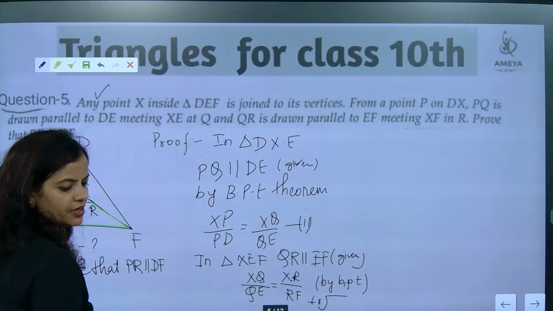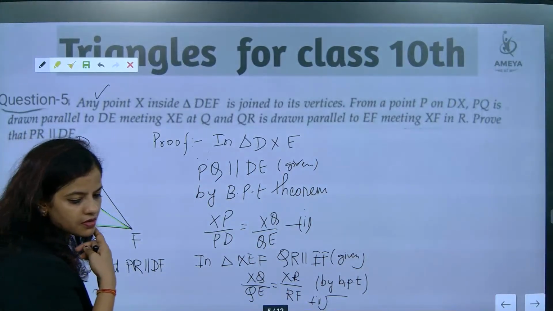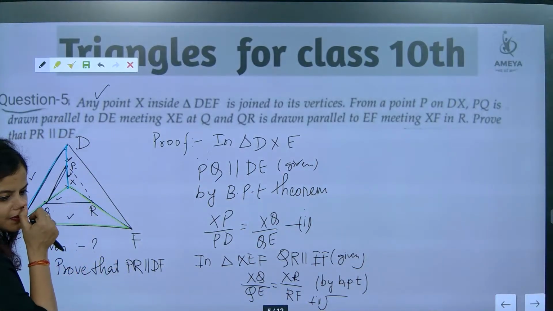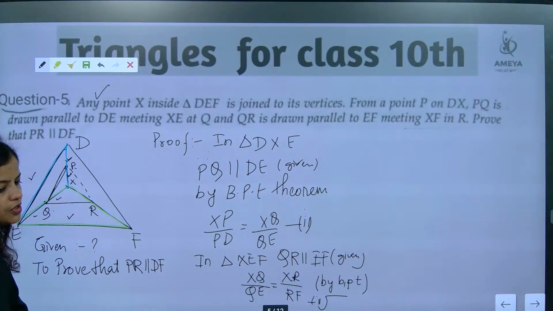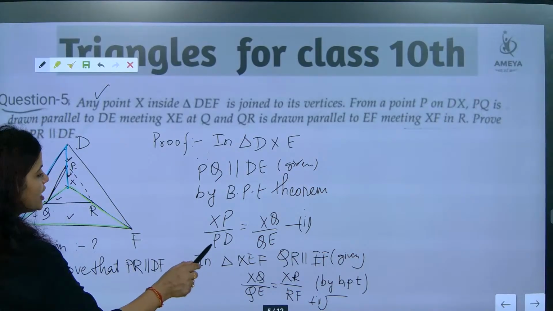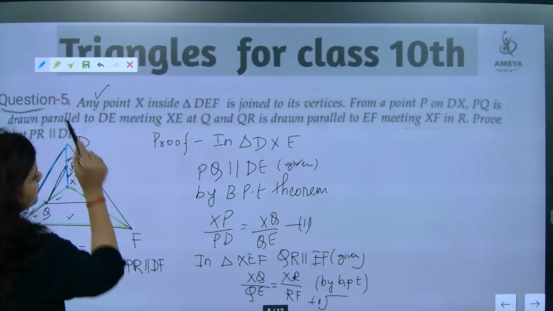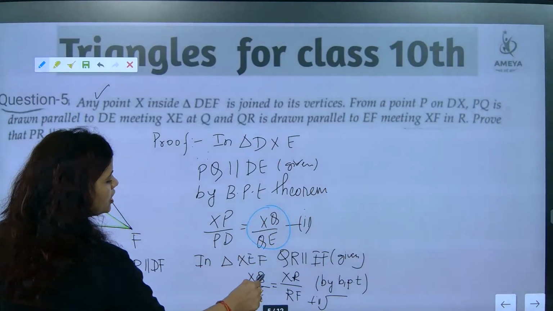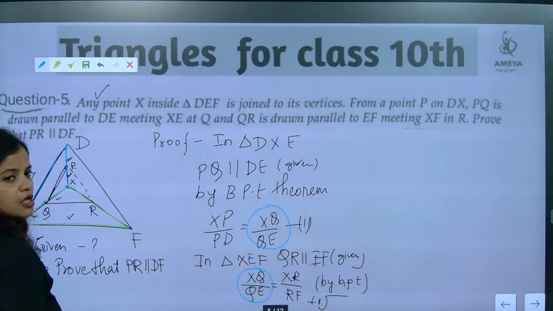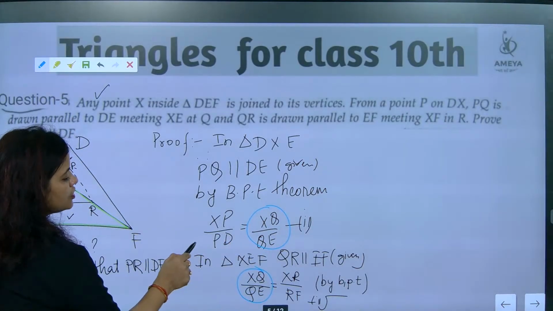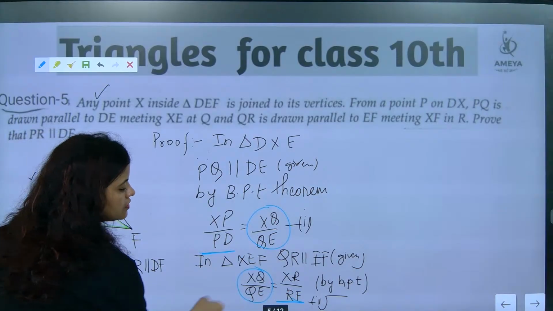Any side is common? Tell me. Understood? Okay, so that means what beta? Which side is coming as common beta? This side is equal to this side. Understood? So this and this are same na. So directly can I write this equal to this?